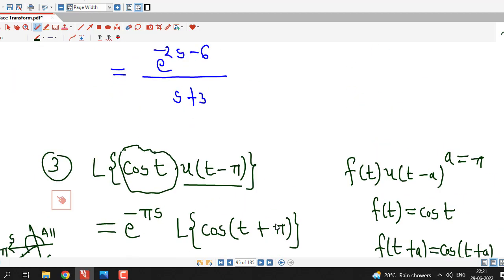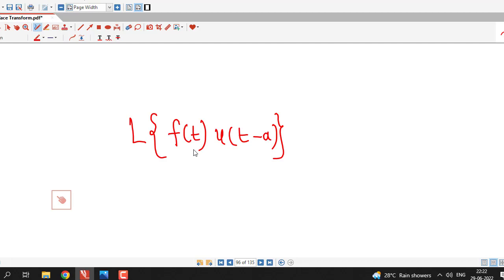So this is the alternative form of second shifting theorem, and using this form we can easily obtain Laplace transform of a function which is in this form, or which we can express in this form. If we can write our function in this form, f of t times unit step function at a, then Laplace transform of f of t into u of t minus a is given by e raised to minus as times Laplace transform of f of t plus a.